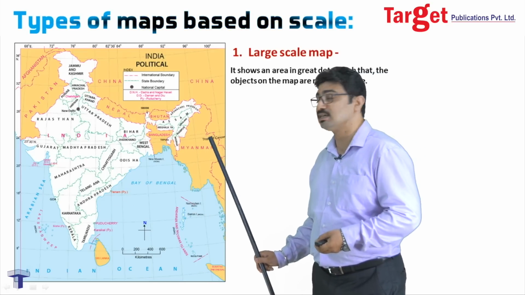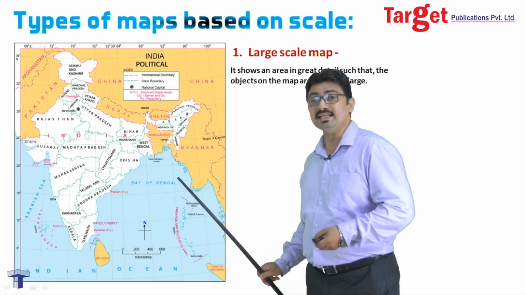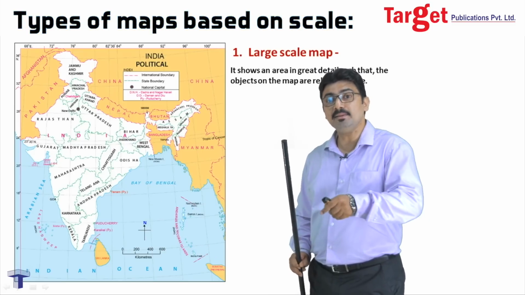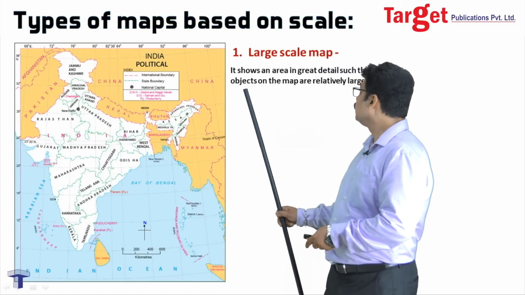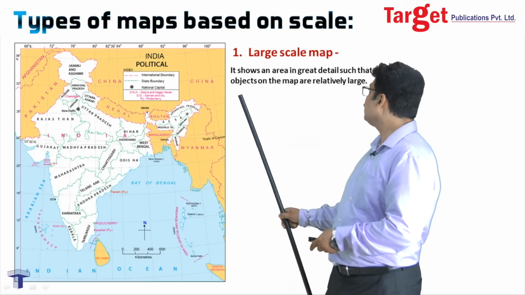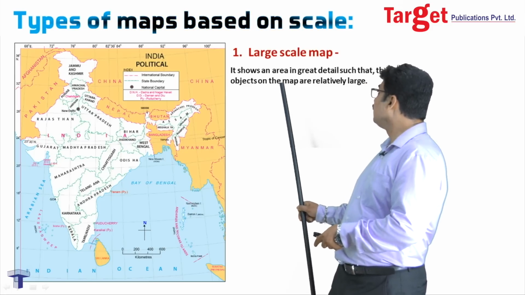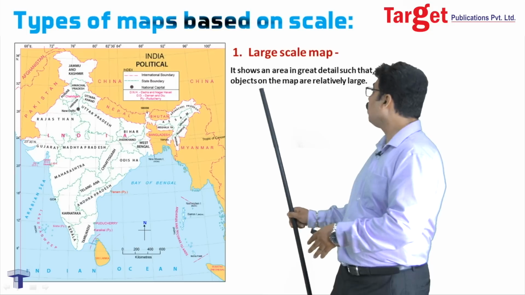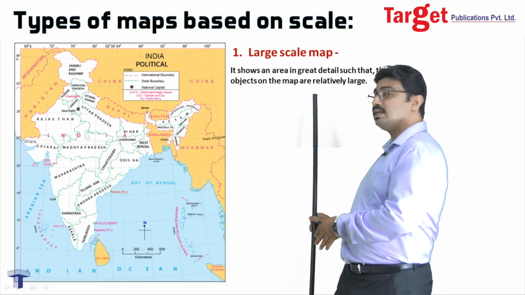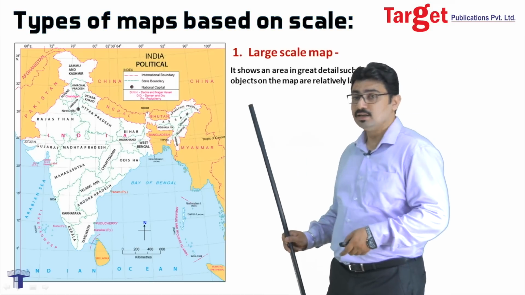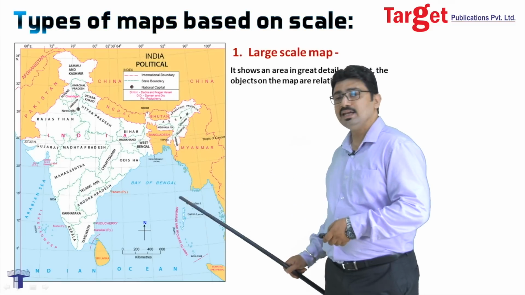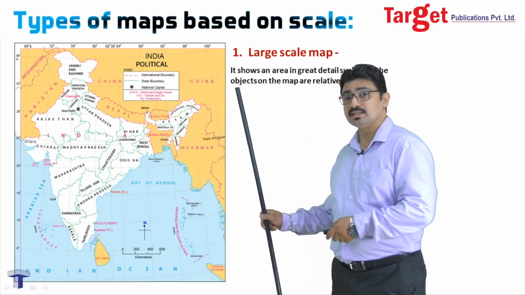A particular region is shown in a larger size in a large scale map. As we see, the definition is it shows an area in a greater size where the objects on the map are easily seen, right? So an area shown in a greater size in a large scale map.